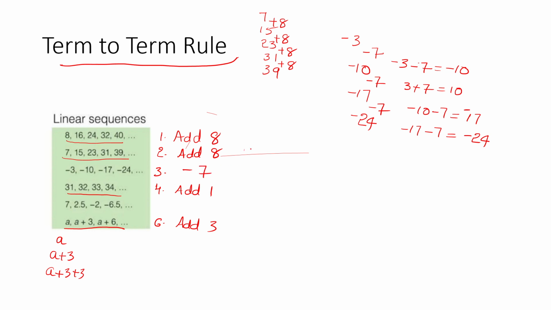Then here you can see that fifth example. I will just write the elements here: 7, 2.5, minus 2, minus 6.5. So this is an example with fractions. So 7, 2.5. From 7, how will it be 2.5?